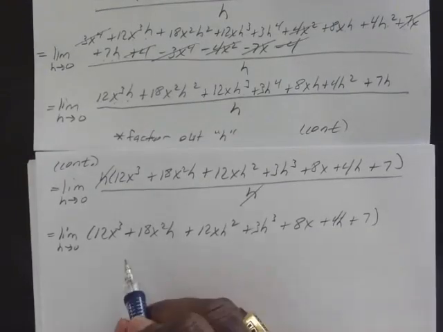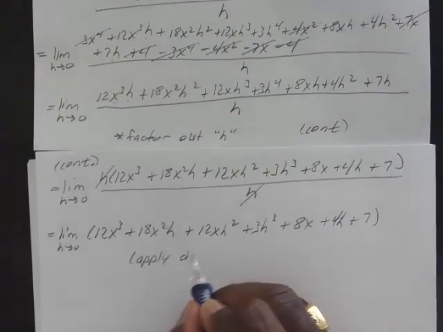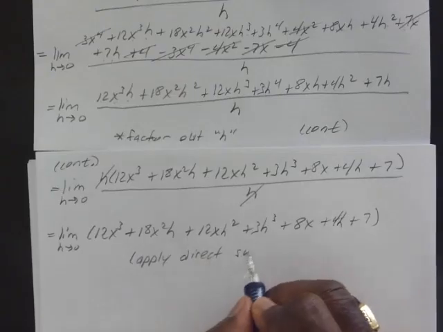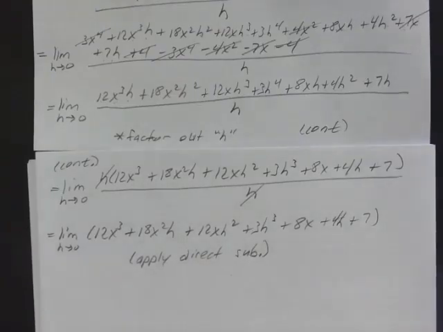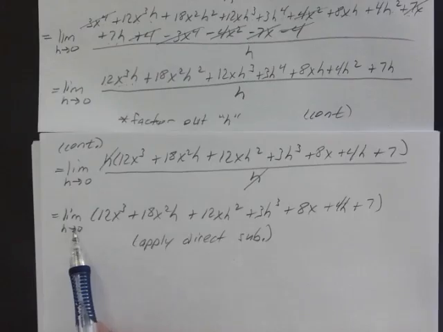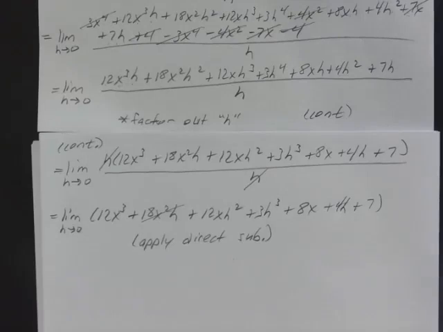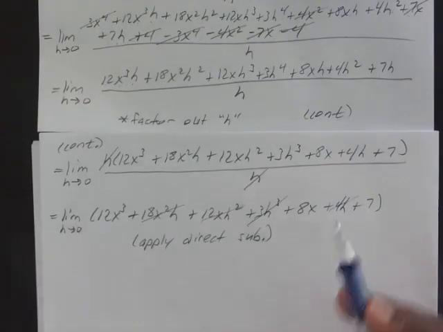Okay, so now we can go ahead and apply direct substitution. So we replace every h with 0. We don't have to rewrite all of that with 0. We know that when we plug in h equals 0, that term is going to disappear. If this h is 0, that term disappears. If this h is 0, that term disappears. H is 0, that one disappears. H is 0, that one disappears.